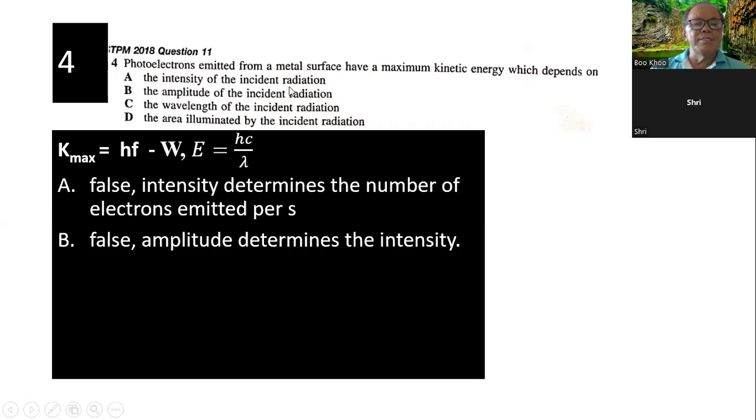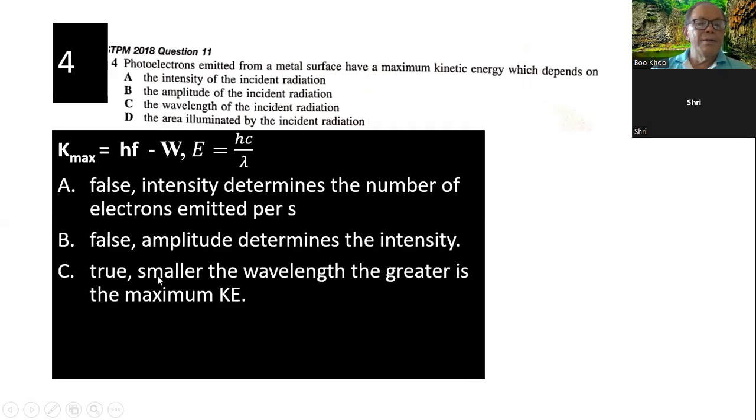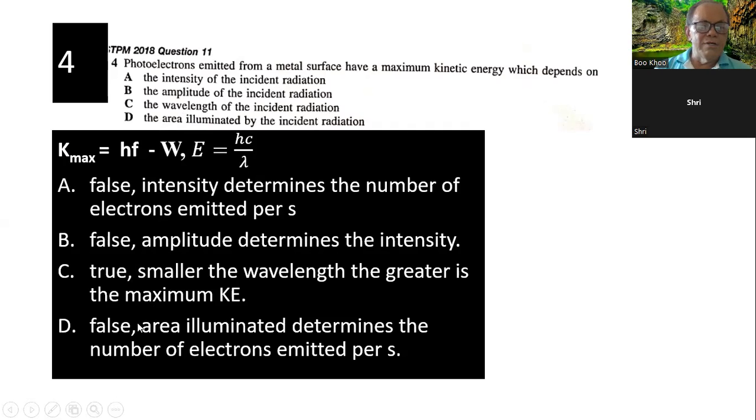Amplitude means the intensity is larger, that's all. So it determines the number of electrons emitted per second. Wavelength of incident radiation, wavelength determines the energy, this energy, and maximum kinetic energy, W is constant. The area illuminated determines the number of electrons emitted per second.